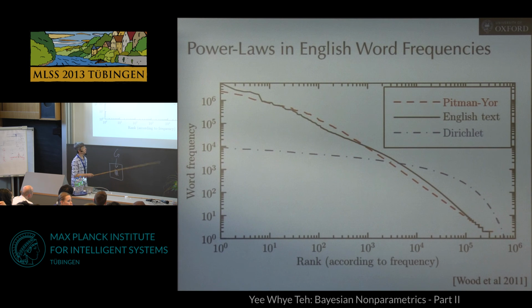And the Pitman-Yor is very good at modeling that. It's very good at producing tables of size exactly 1, and it can produce a lot of those tables. With the Dirichlet process, it's not very good at producing those tables, so it's very difficult to force it to say that there's a large number of tables of size 1. That's why you get this curve that drops down like this.